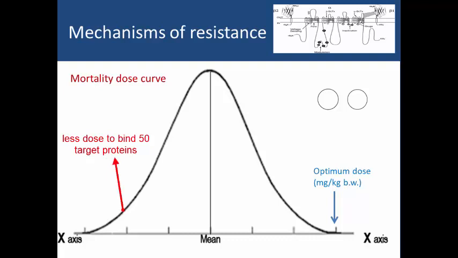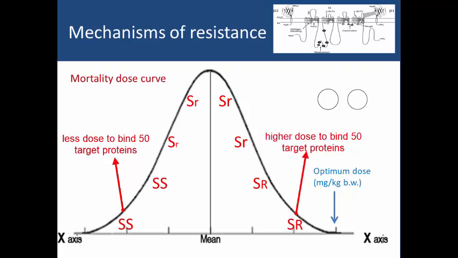But as we move to the right of that curve, we start finding that one of the alleles from one of the parents starts coding for a protein to which permethrin is unable to bind. In other words, a resistant protein. At the further end of the curve, we can still kill the parasite because you can increase the dose to bind at least 50 of those 100 target proteins.